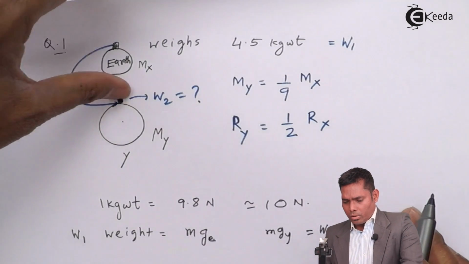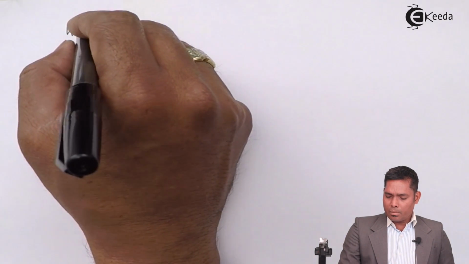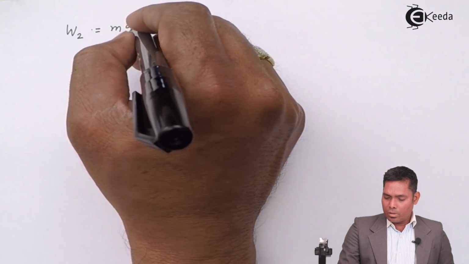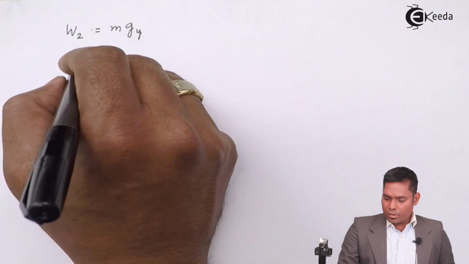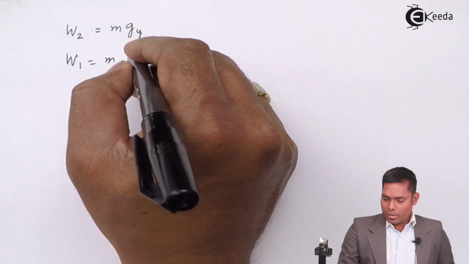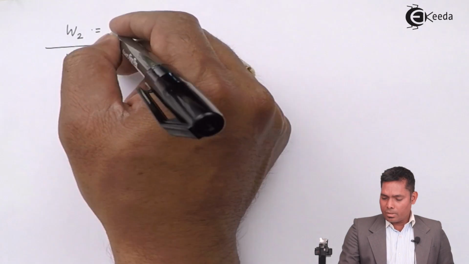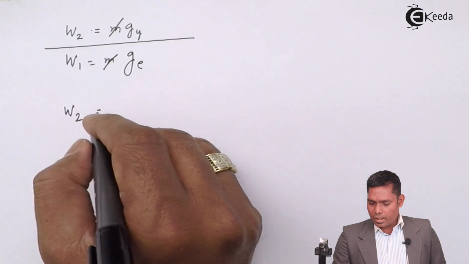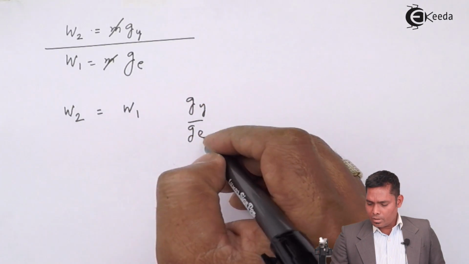So the weight on the second planet, the y planet, is mass of the object into g on the second planet. Weight on the first planet is mass and the g on that planet, that is Earth. If I divide these two, the mass will cancel out, and W2 is W1 g_y by g_Earth.